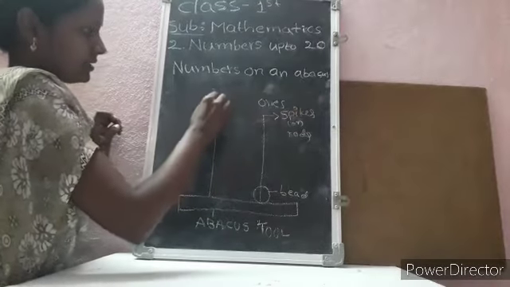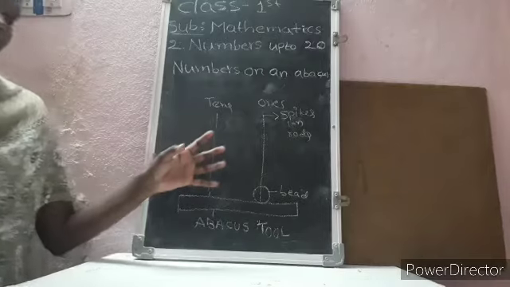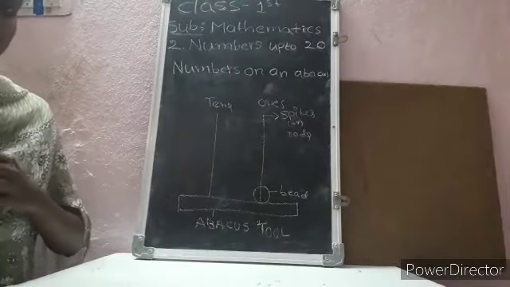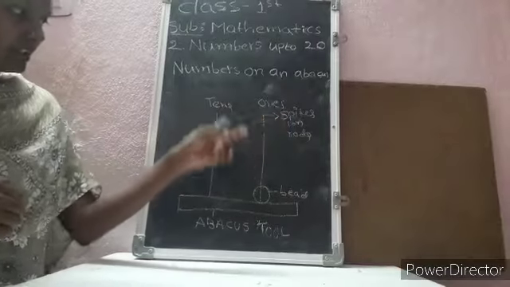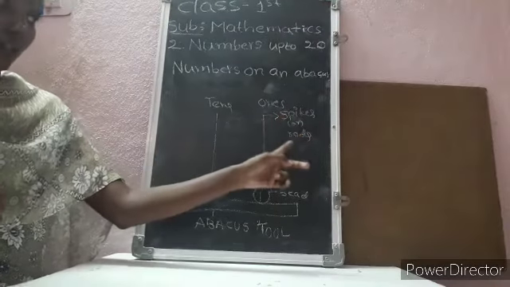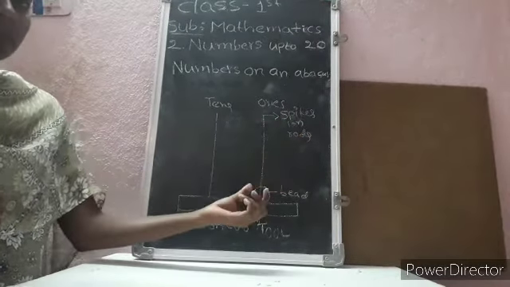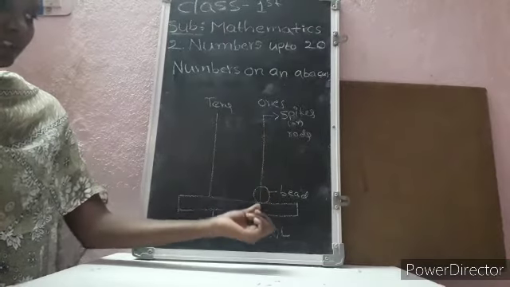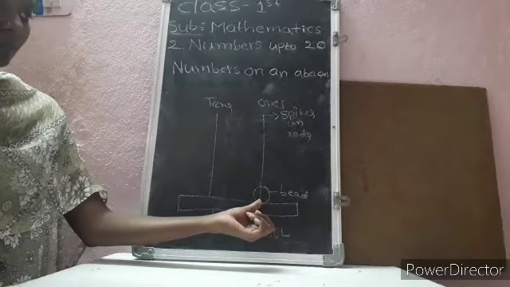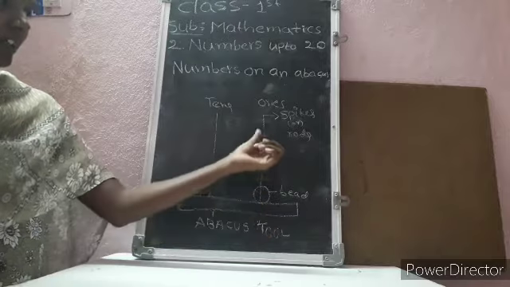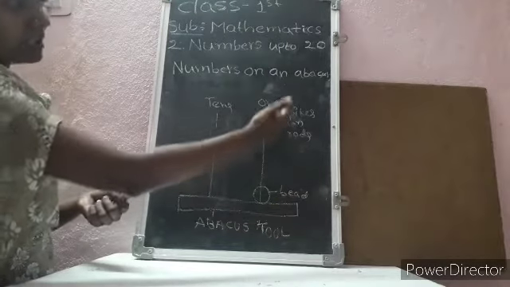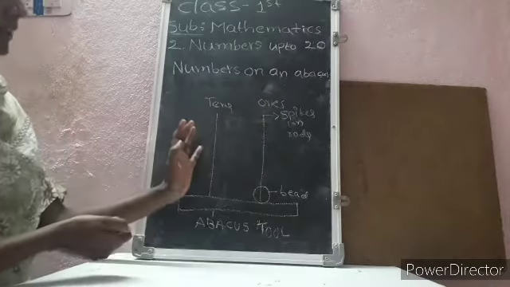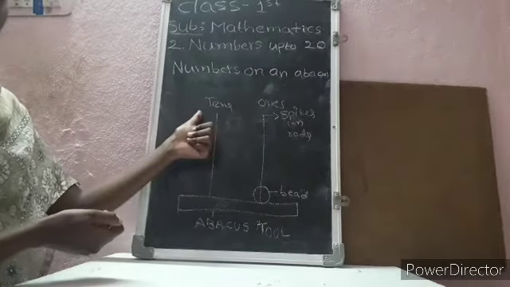Ones, and this is tens. The tool name is abacus tool. So in this abacus tool, these lines we call as the spike or rods. So we put beads on the spikes. This is bead. So here from the right hand spike name is ones and left hand spike name is tens.